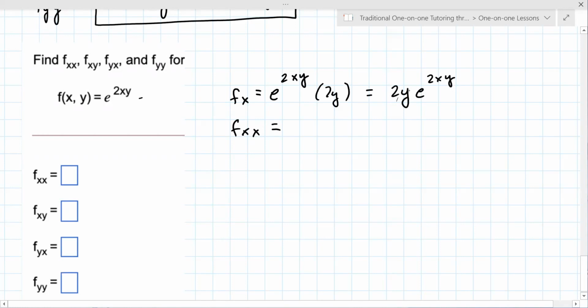It's like saying 25 in front, it doesn't matter, so you just keep that constant. Derivative of e to the 2xy is itself, and then again you take the derivative of the inside function, which is 2y, with respect to x. So that gives you 4y squared e to the 2xy.